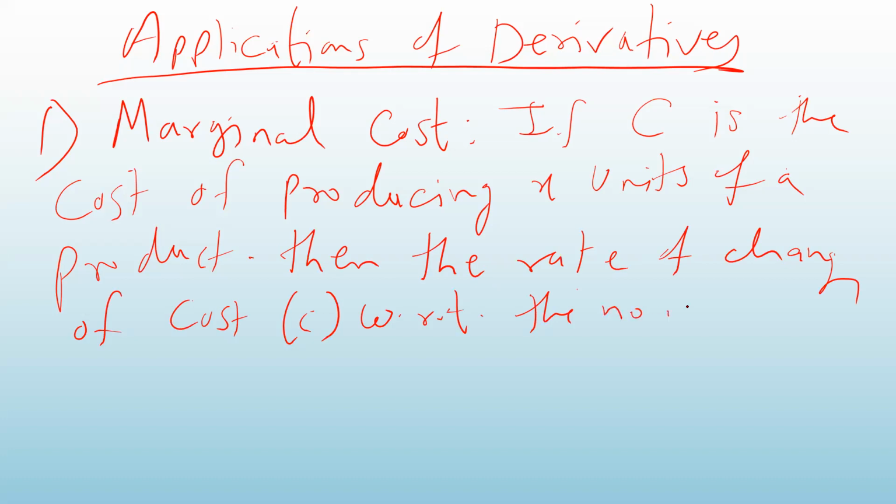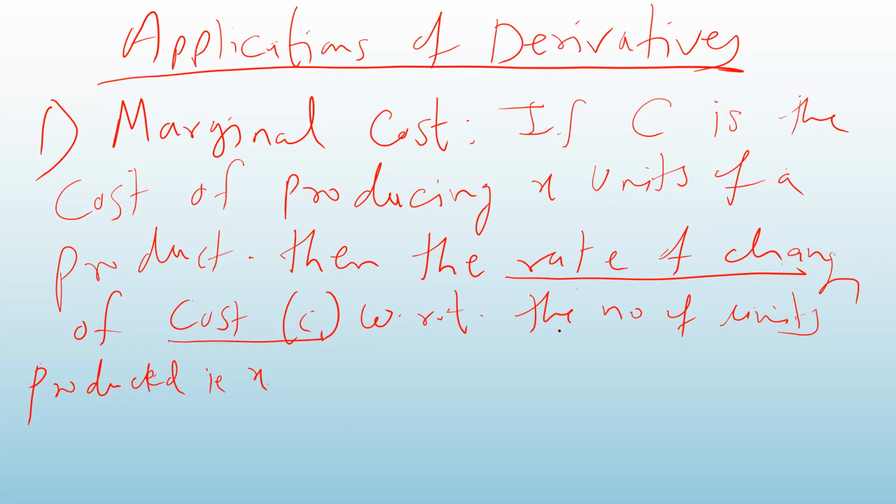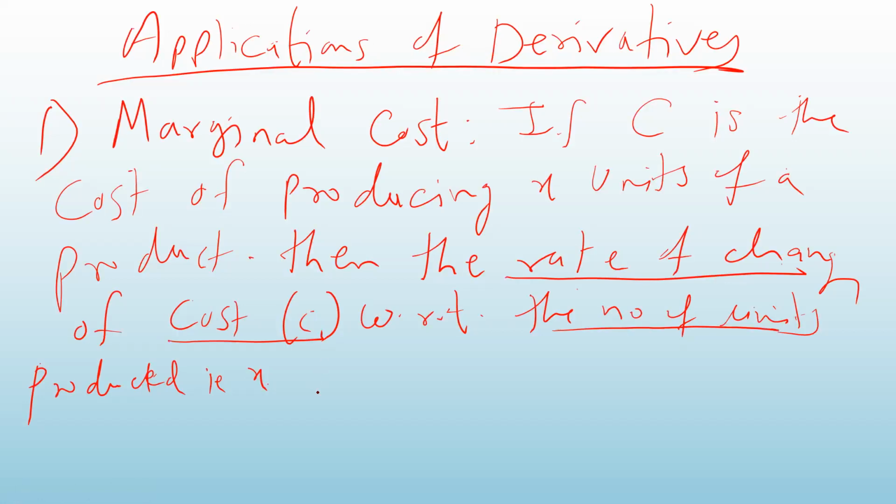So the rate of change of cost with respect to the number of units produced, that is X, is called marginal cost.